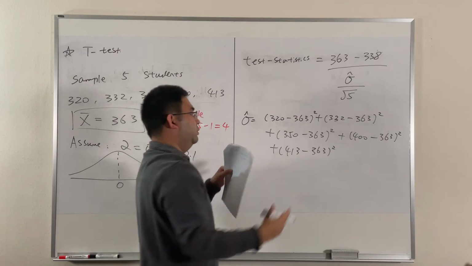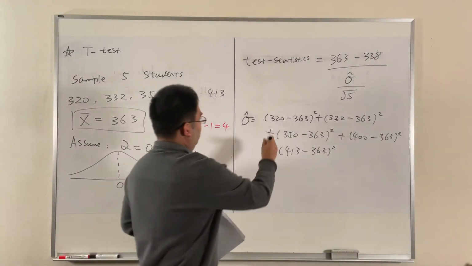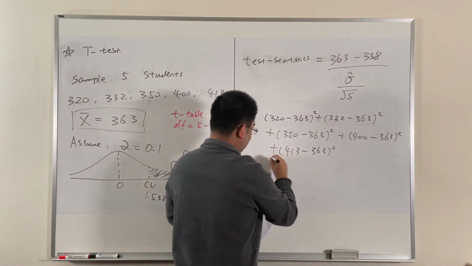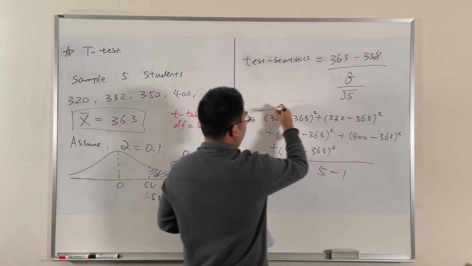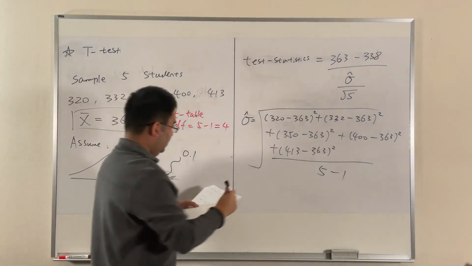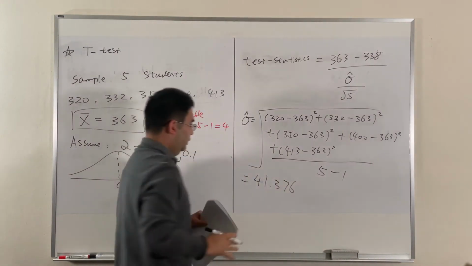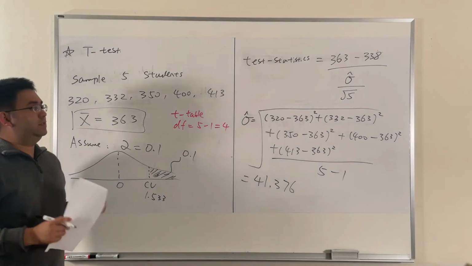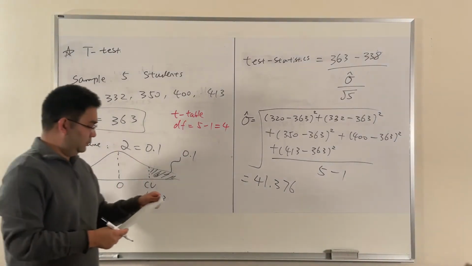So basically we're just following the formula, taking every single sample point, subtracting the mean, squaring them, adding them up, and the whole thing is going to be divided by 5 minus 1, so n minus 1. Take the square root of the whole thing, and that's going to give us 41.376. 41.376 is the estimated standard deviation here.